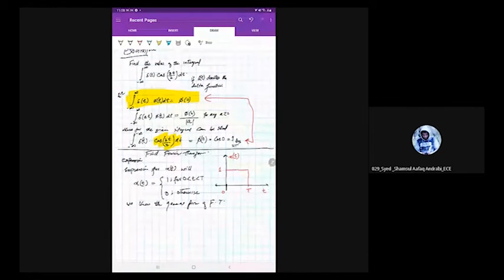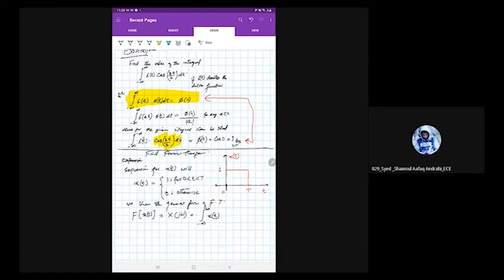The Fourier transform of any signal x of t can be written as F of x of t, which will be equal to X of j omega, and that can be written as the integral from minus infinity to plus infinity of x of t, then e raised to the power minus j omega t. Is that fine?